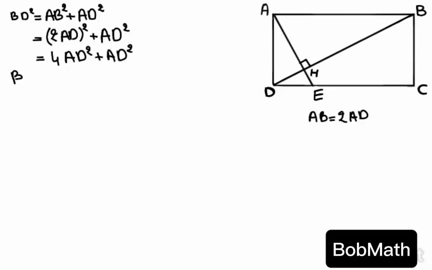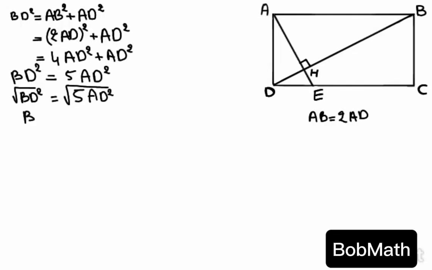Therefore, BD square equals 5AD square. So square root of BD square equals square root of 5AD square. Therefore, BD equals square root of 5 times AD. We call this equality 1.